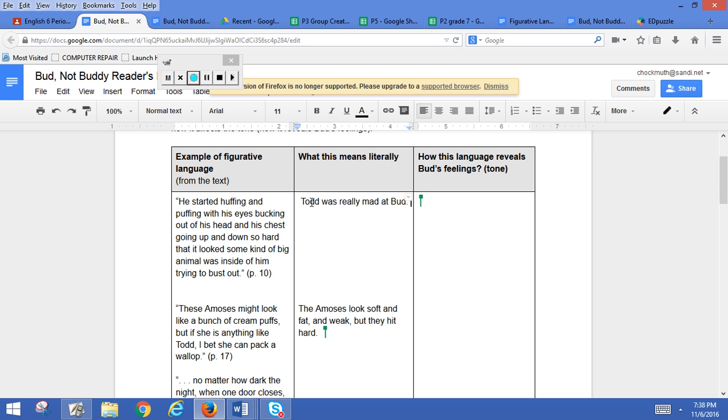And I'm just taking a quick glance at my book. Oh, and this is the part that he's pretending to be having some kind of big asthma attack. Todd is pretending to have a big asthma attack.